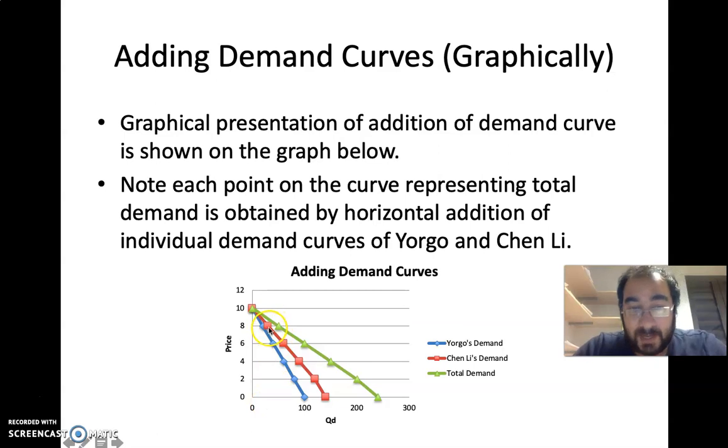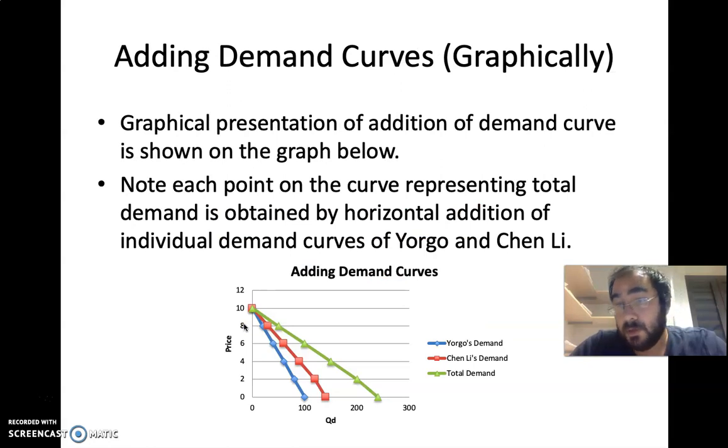So we add the x-coordinate of the red curve and the x-coordinate of the blue curve to find the x-coordinate of the green curve. So we are horizontally adding the demand curves in that sense.